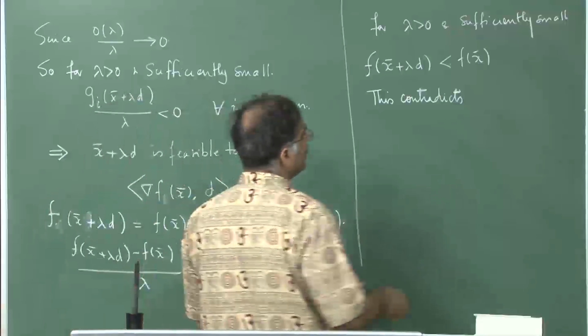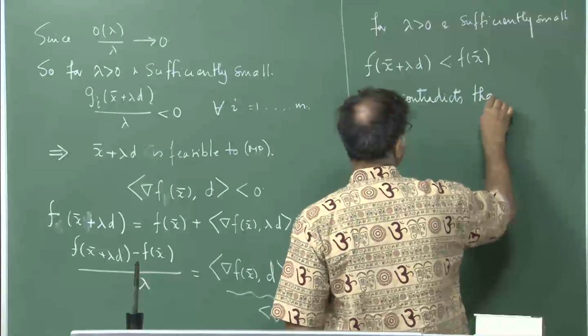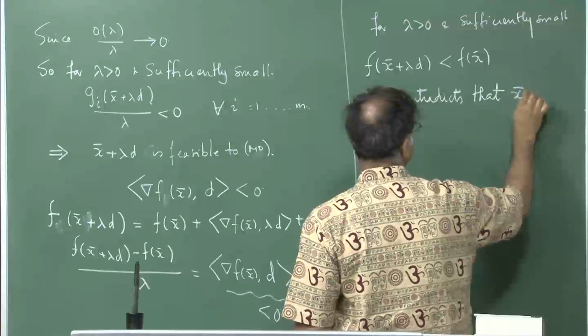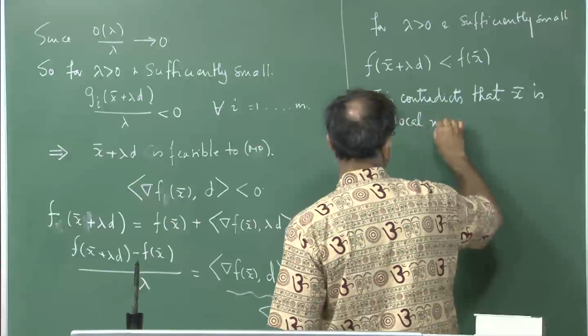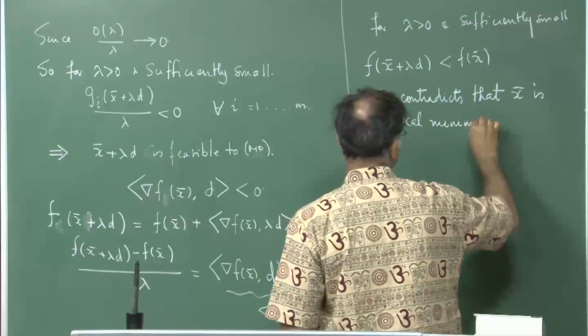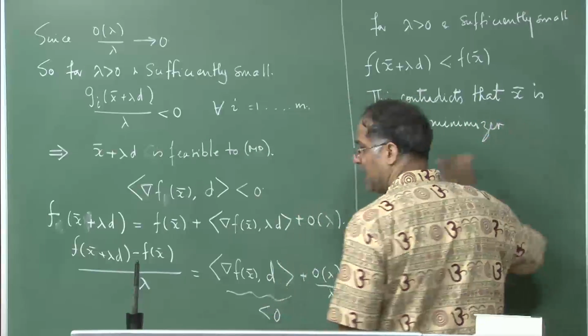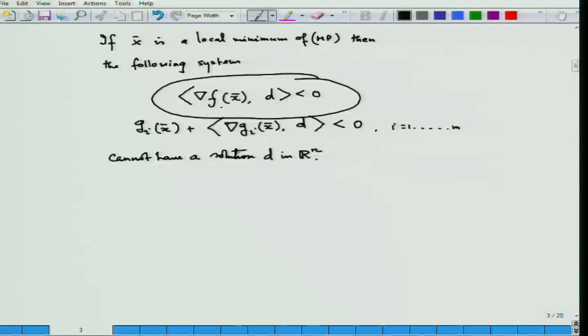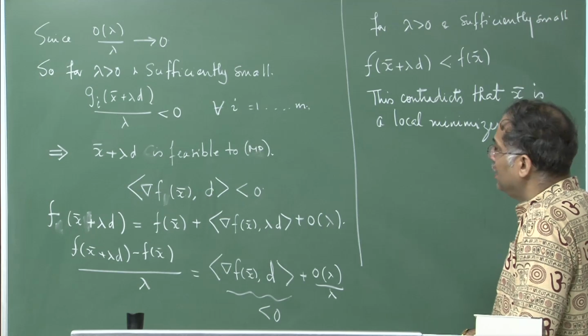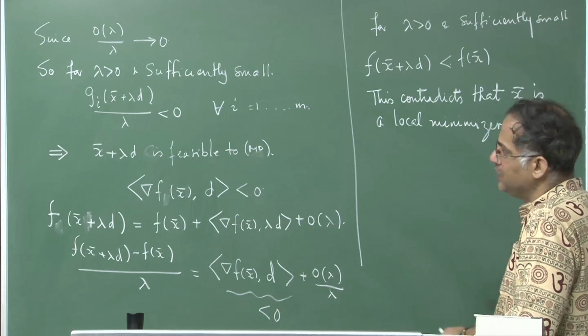So, this contradicts that x bar is a local minimizer. So, this contradiction leads to the fact that this system, please note, those who have looked at f_i might have questioned, but okay, this is a place where you can't question. So, just have a look at this, and so this system would not have a solution, and that is what we proved.